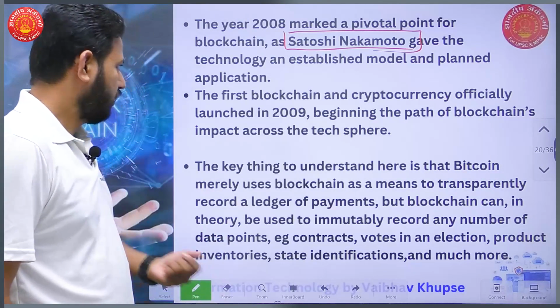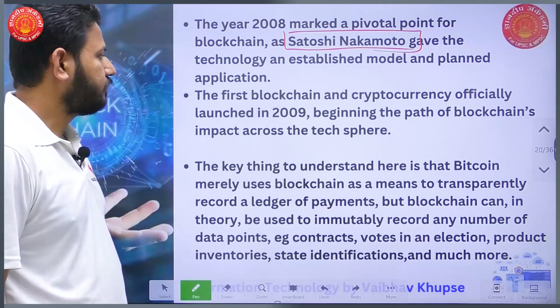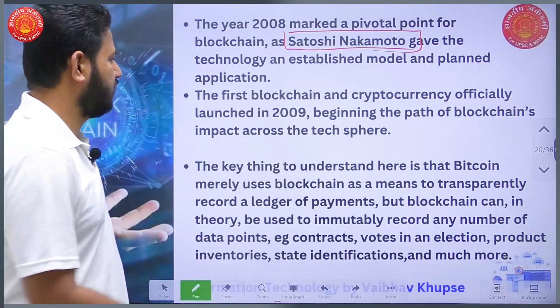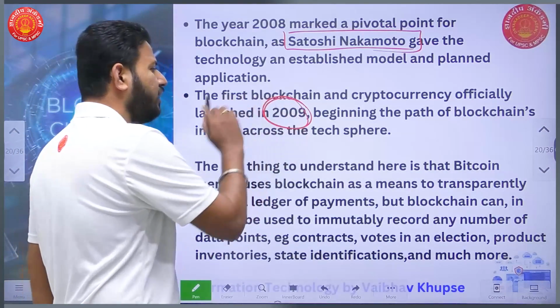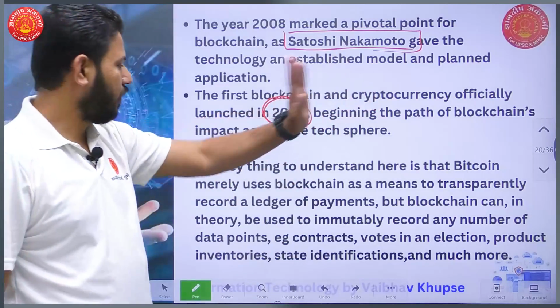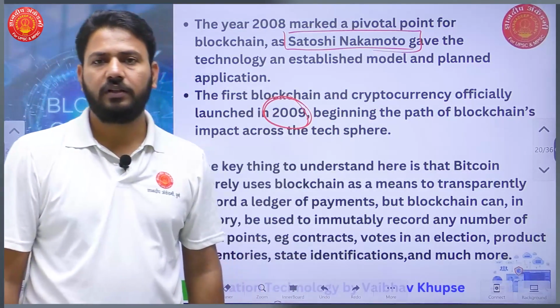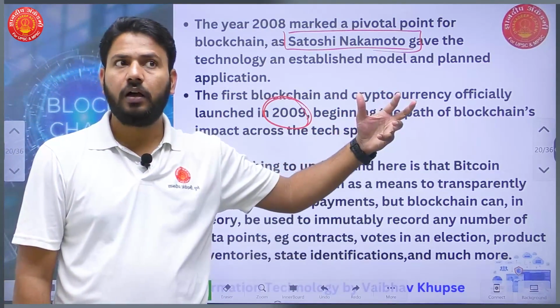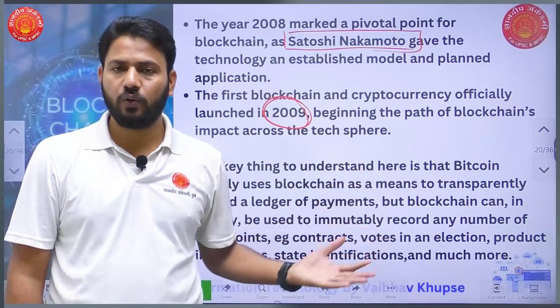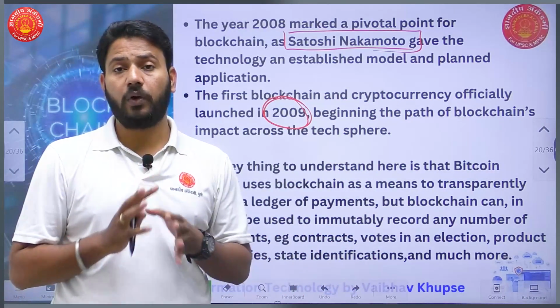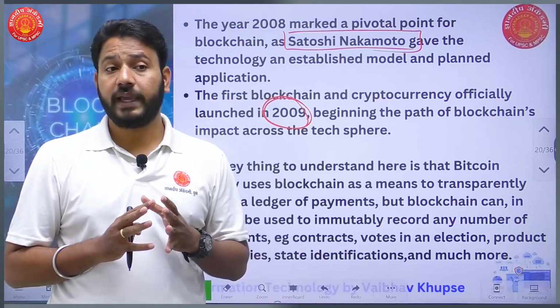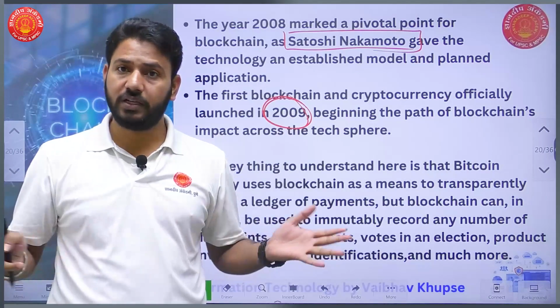Okay. Now, the first blockchain and cryptocurrency officially launched in 2009, beginning the path of blockchain's impact across the tech sphere. Now, this is where people across the globe started realizing what blockchain can be, or what wide applications blockchain can have.